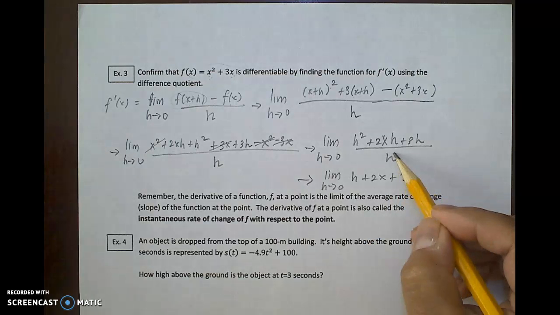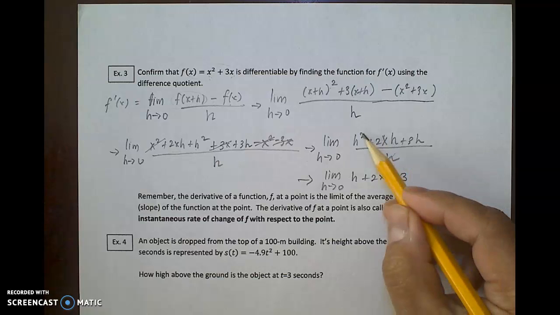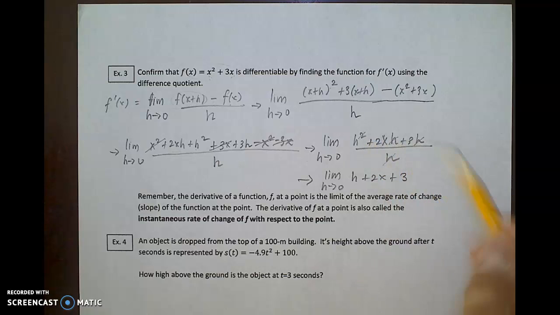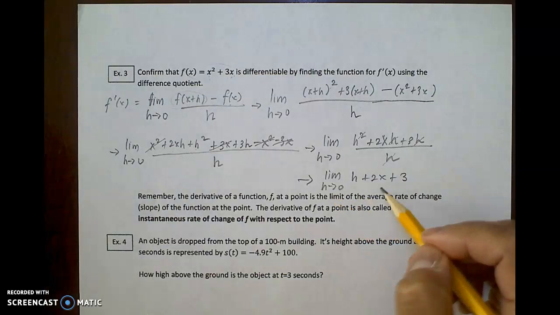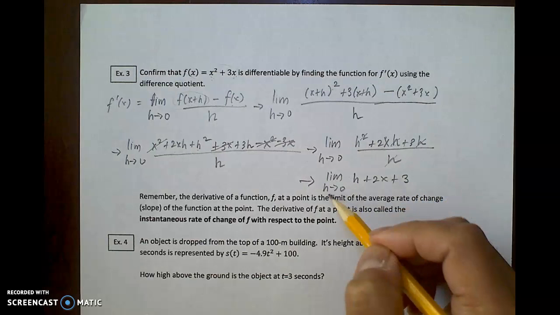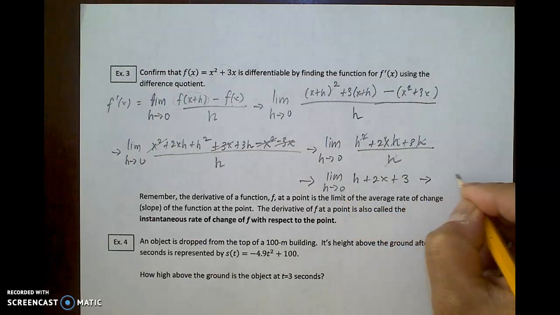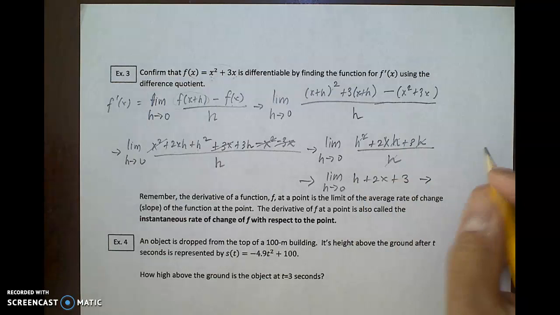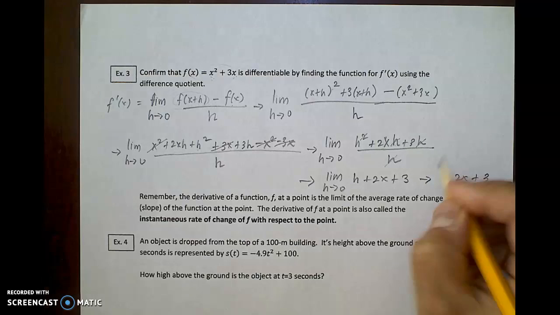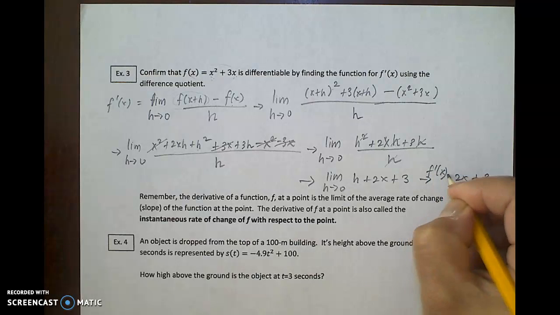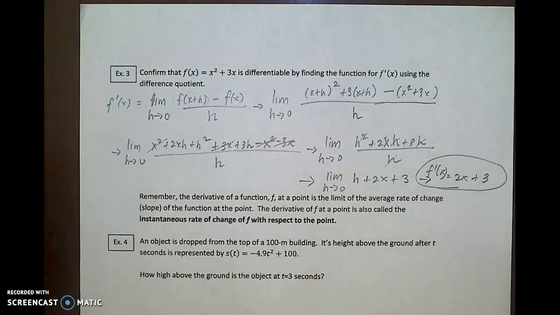So evaluating this limit, h goes to 0. Plugging 0 in for h, I'm left with 2x plus 3. So this right here is the derivative of the original function.